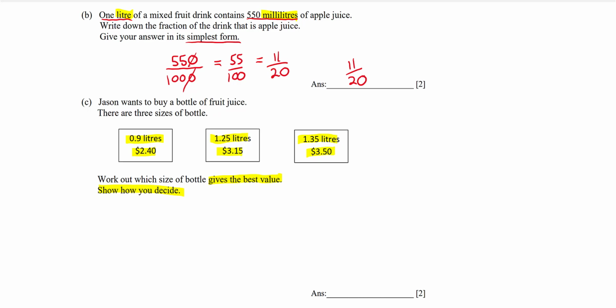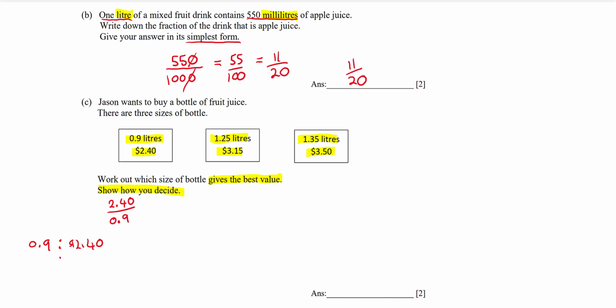So what we're going to do then is have our cost, $2.40, and divide it by the amount of litres we've got. And that'll give us the cost per litre. So another way to think about it, of why that is, you can think about it as a ratio. So for that first one, we'll have 0.9 litres for every $2.40.